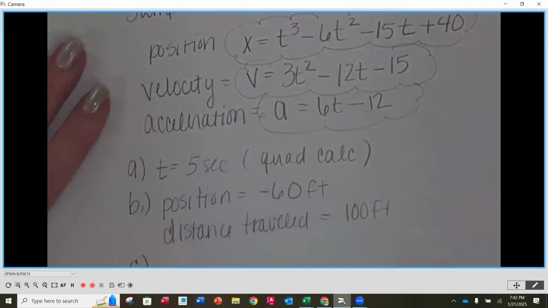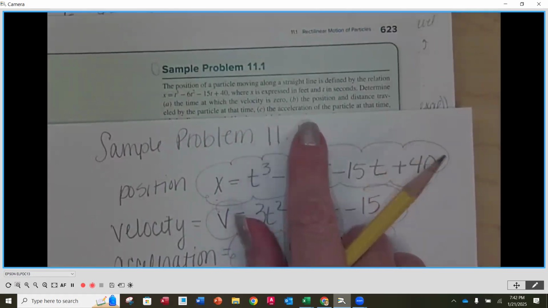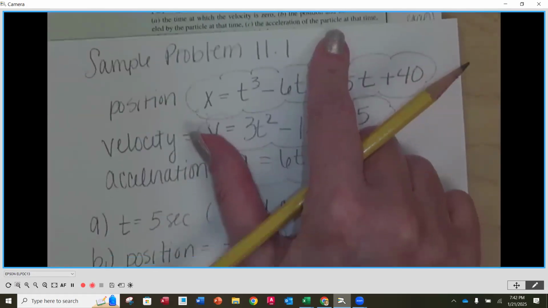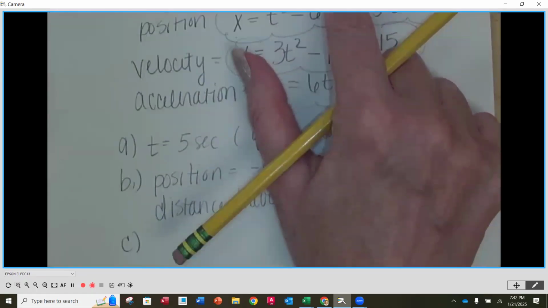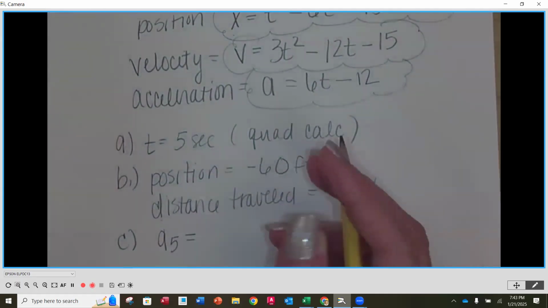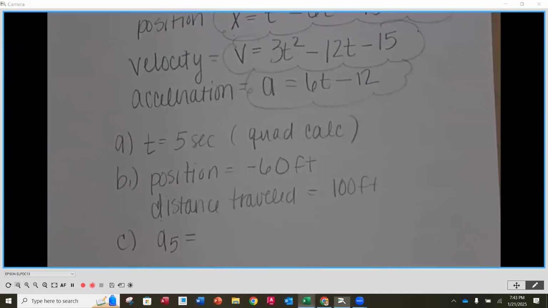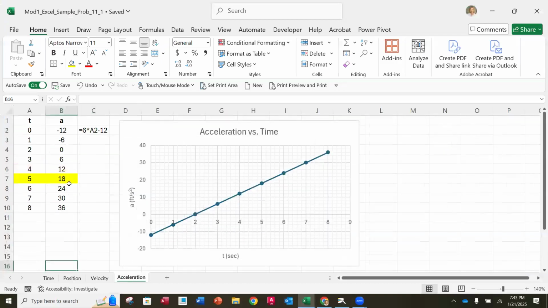The next part here, part C, says it is the acceleration of that particle at that same time. So since in part A, we said that the time when velocity is 0 was 5 seconds, our A, I'm going to say A5, so A at 5 seconds. I'm going to go back to our Excel spreadsheet, go to the acceleration tab, and at 5 seconds, it's 18 feet per second squared.